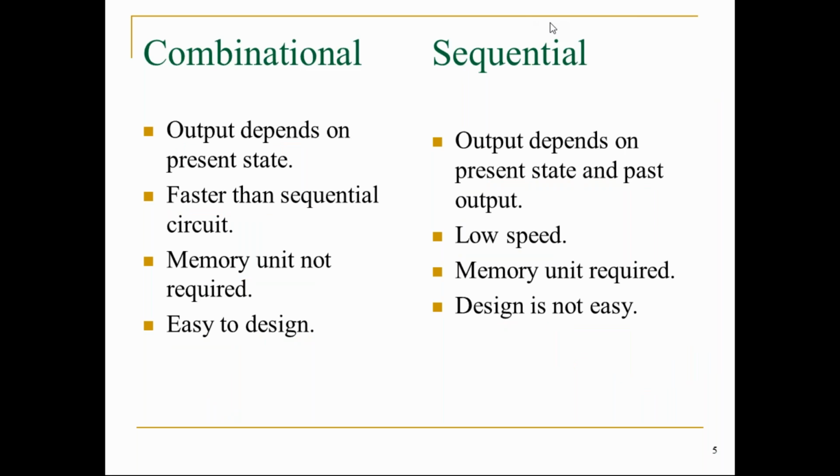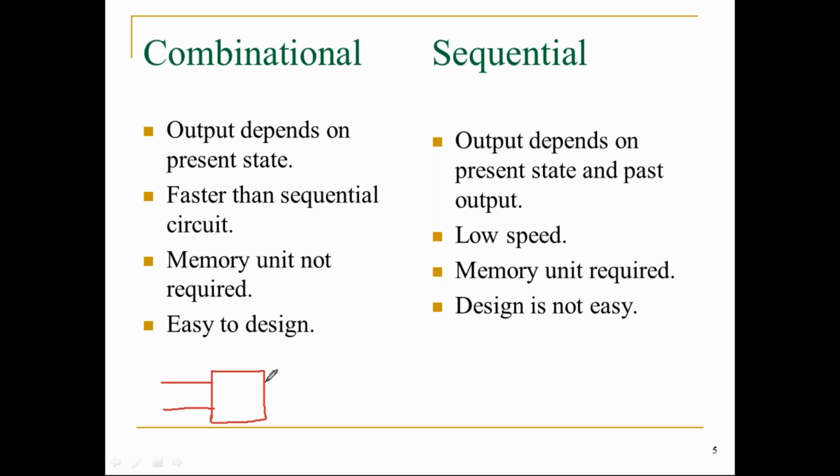A very important question from your exam point of view. So hope that you can get a clear idea about what is meant by combinational circuit and sequential circuit. One more thing, if the same question comes in your examination, you should write all these points, and don't forget to draw this particular block diagram.